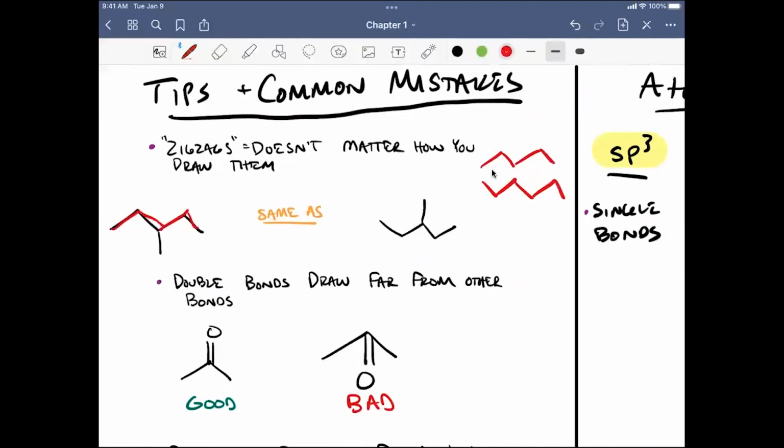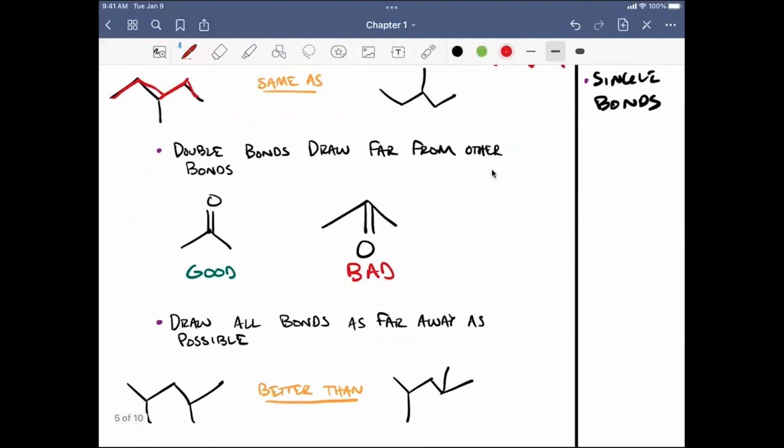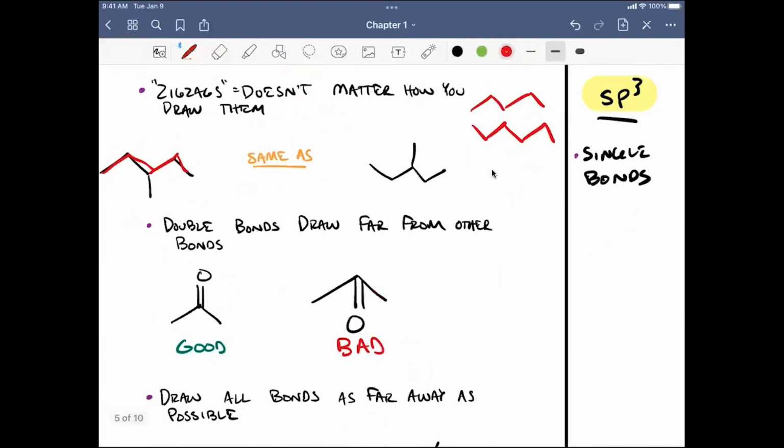It means the same thing. You just want, as it's shown right here, you want those bonds as far apart as possible. So you don't want a zigzag to be shown like this. Obviously, that would be still correct, but it's better to show them as far away as possible.